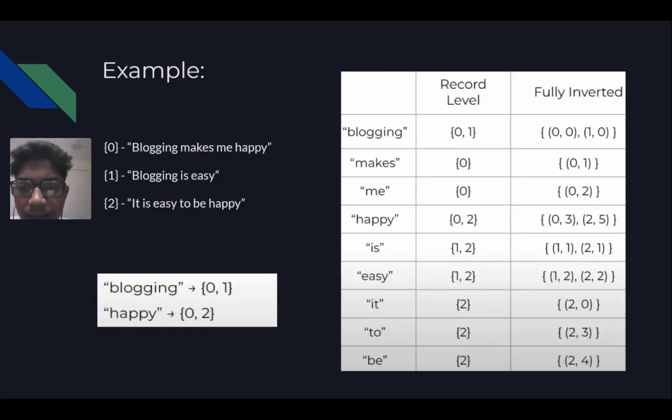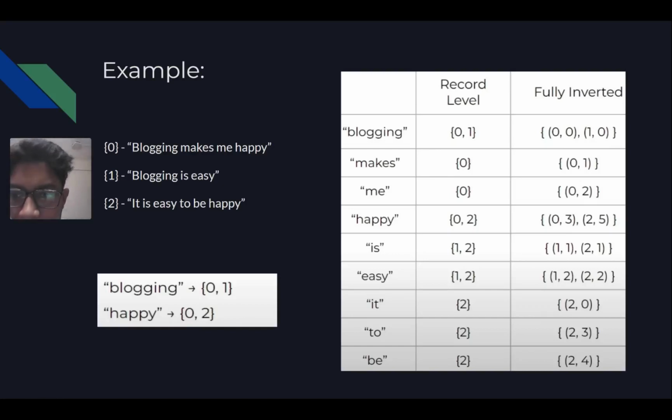So here is an example of the inverted index searching algorithm. Let's say we build a search engine which can search contents of a sentence, and suppose these are the three sentences which are indexed as 0, 1 and 2. The sentences are: blogging makes me happy, blogging is easy, and it is easy to be happy.